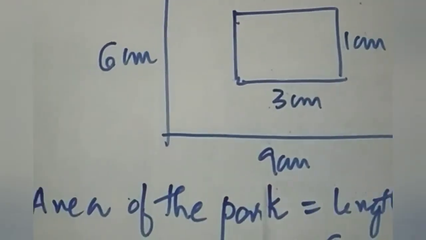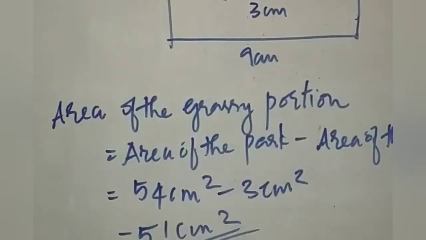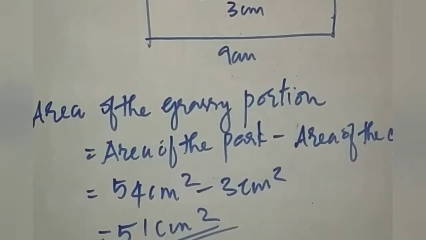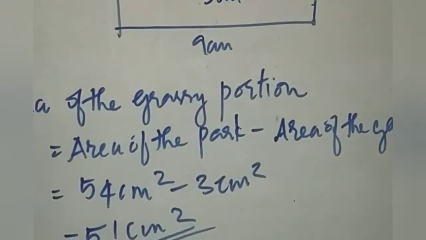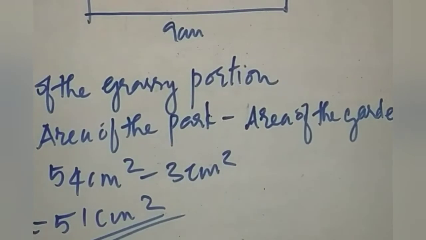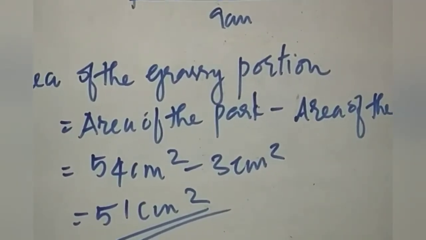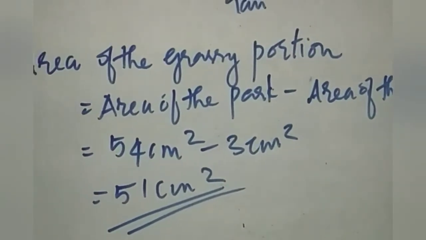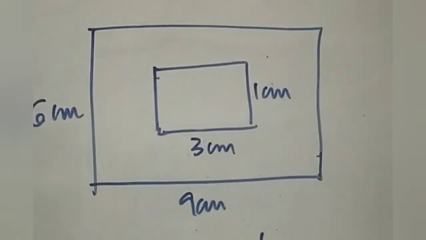So the area of the grassy portion is equal to area of the park minus area of the garden. The area of the park is 54 centimeter square and the area of the garden is 3 centimeter square. So 54 centimeter square minus 3 centimeter square is 51 centimeter square. So we got the area of the grassy portion.